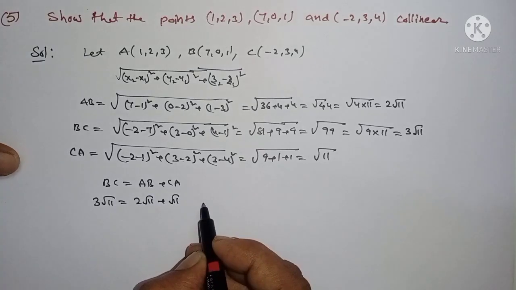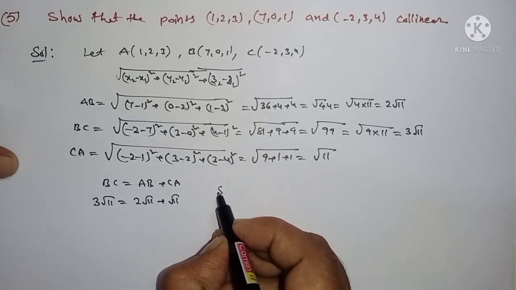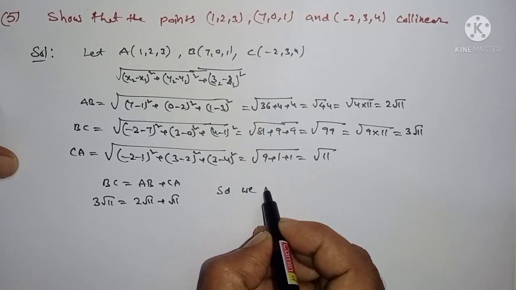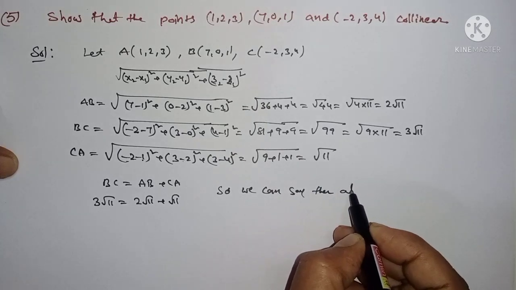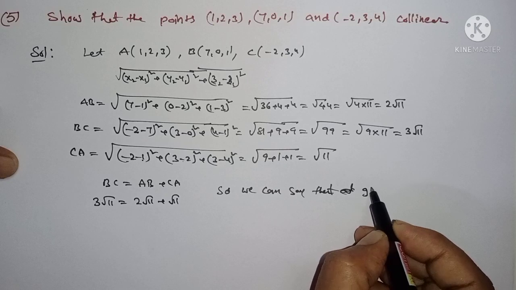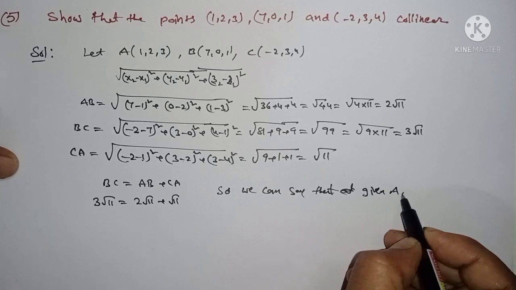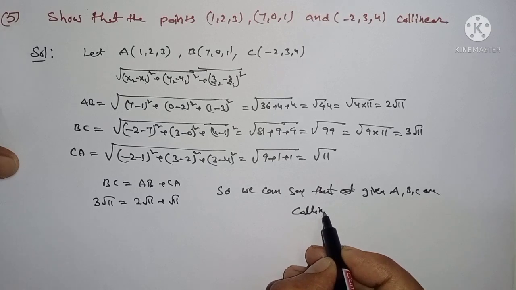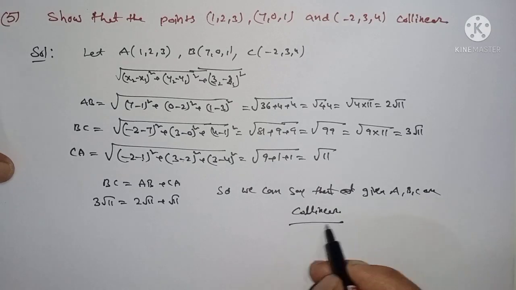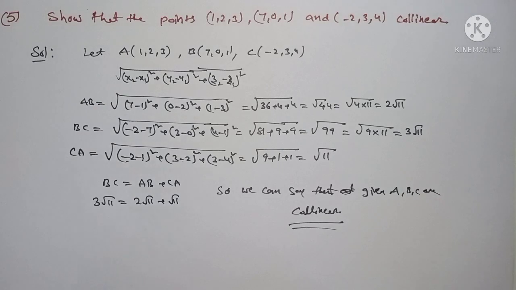Therefore we can say that the given points A, B, C are collinear.